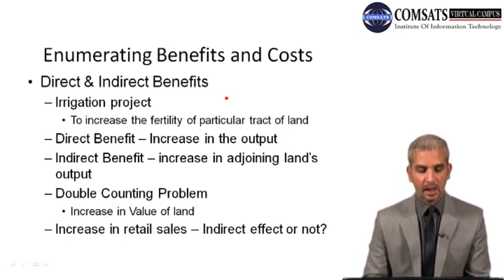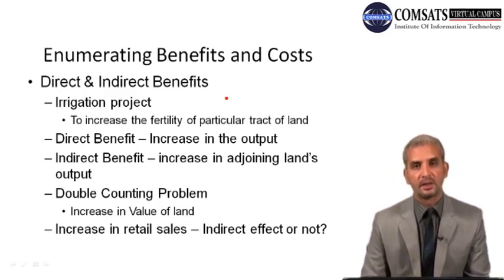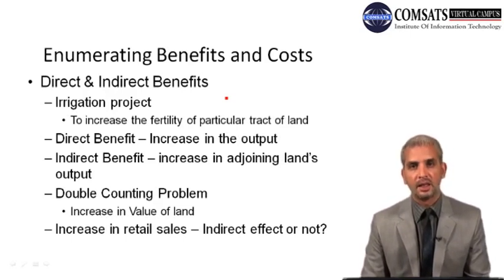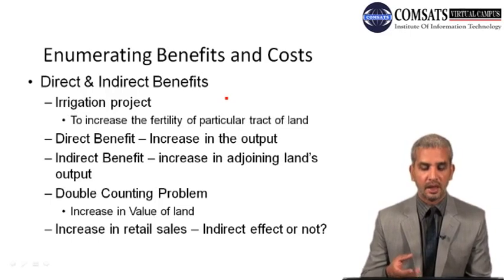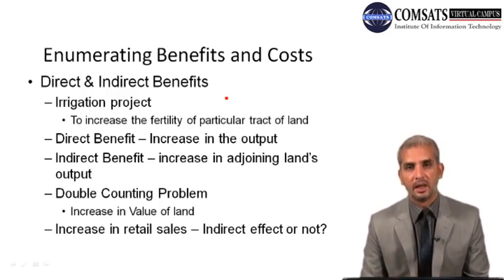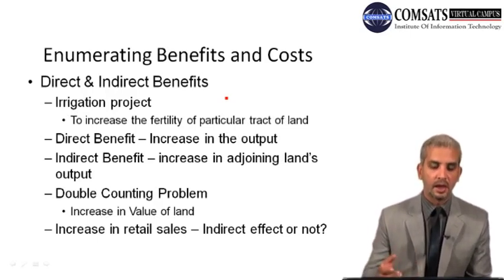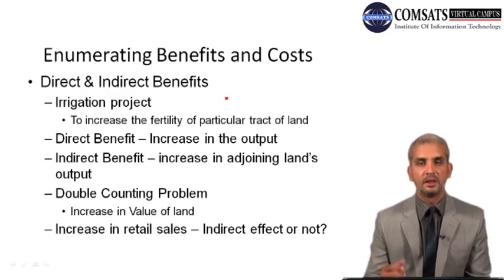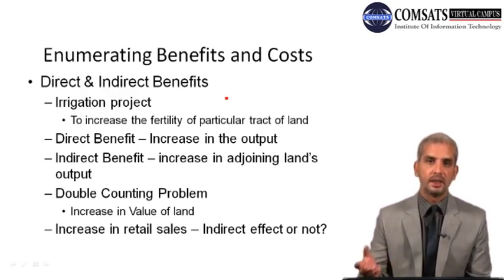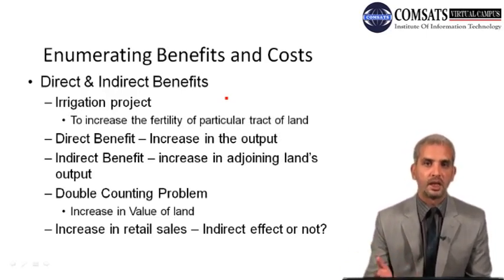For example, because of better fertility, there is an increase in the value of that land, and we might include that increase in the value of the land in indirect benefits. But there is already increased output in that area, and that increased output is because of the fertile land, and that is why the value of the land has increased.